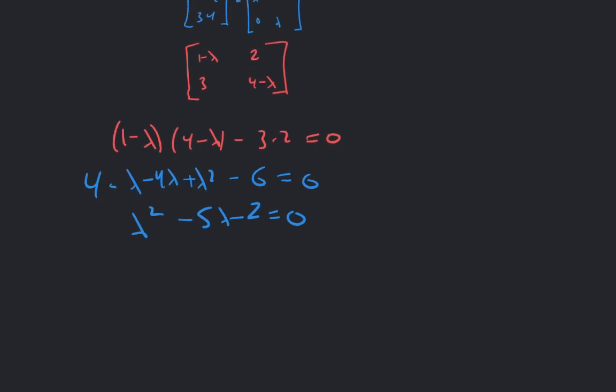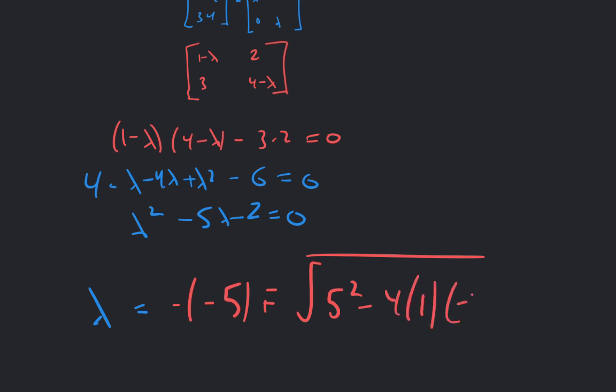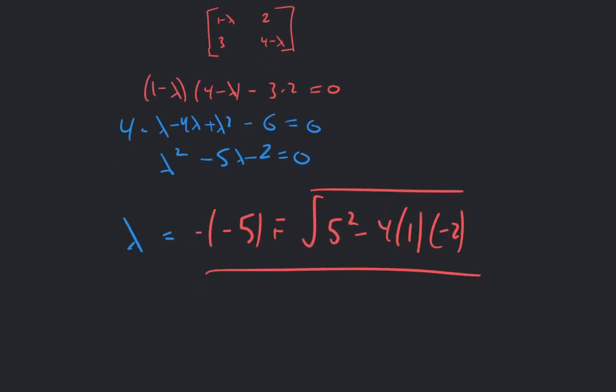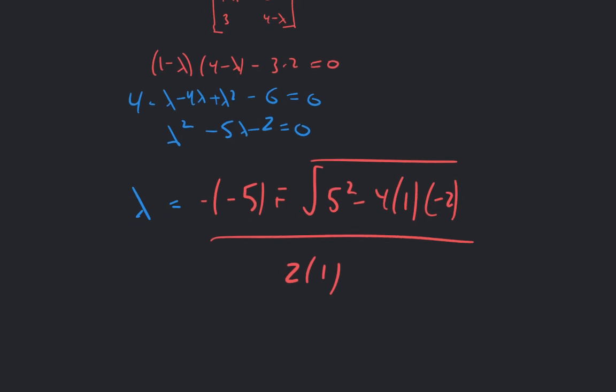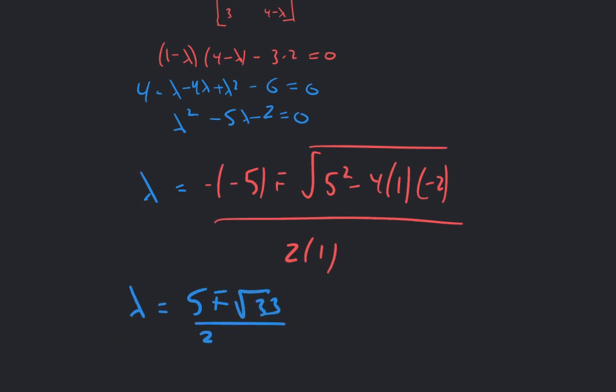For this one, we're going to have to use the quadratic formula. So 5 plus or minus the square root of 5 squared minus 4 times 1 times negative 2, all over 2 times 1. And after crunching all the numbers, we get 5 plus or minus the square root of 33 over 2.